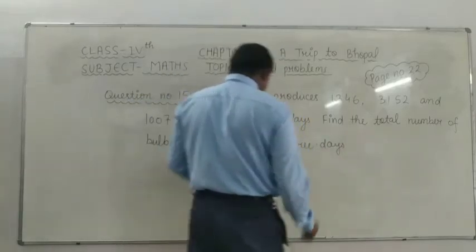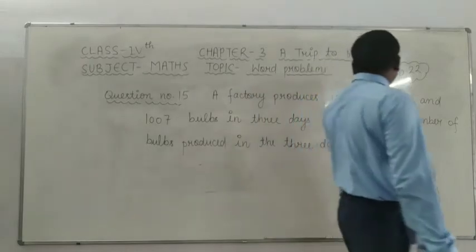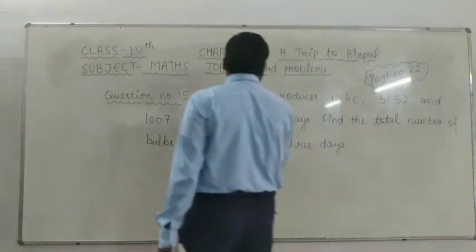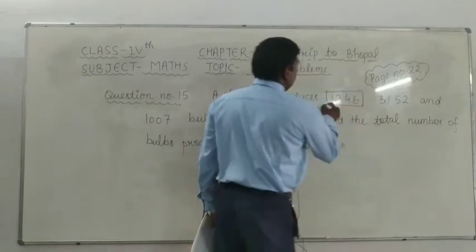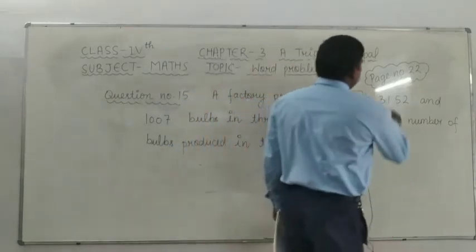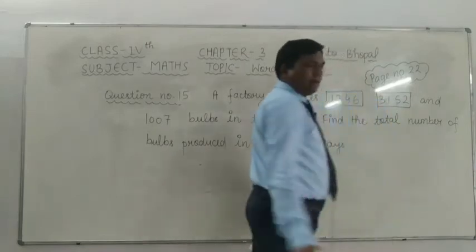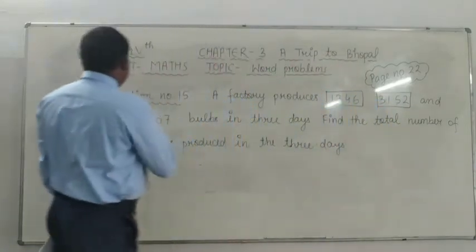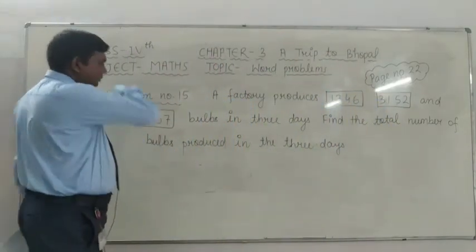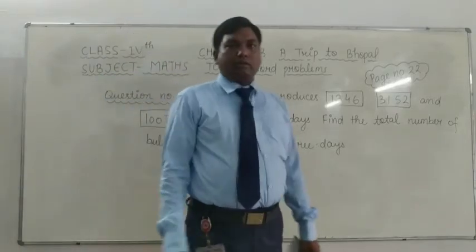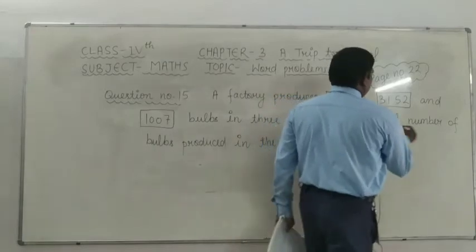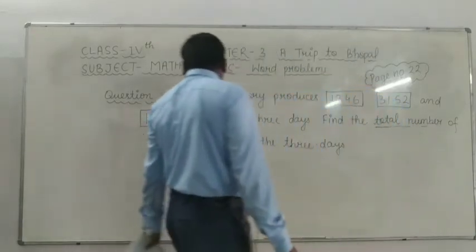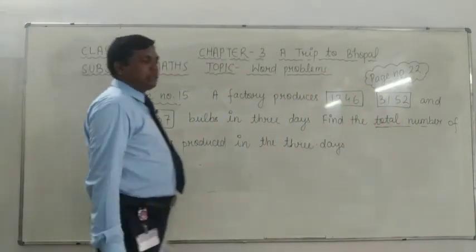Okay students, in this question it is given that a factory produces 1346, 3152 and 1007 bulbs in 3 days. We have to find the total number of bulbs produced in the 3 days.